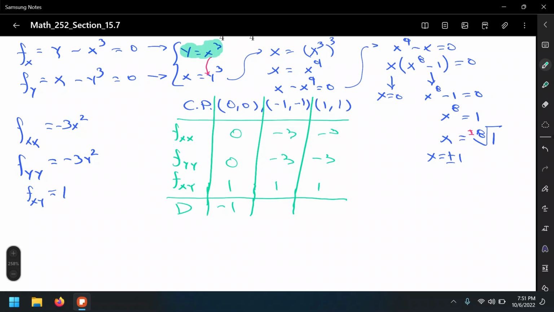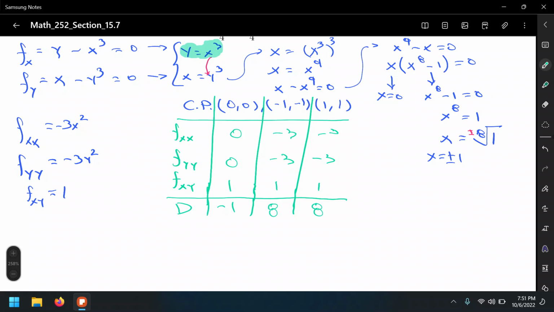And -3 squared, that's +9, plus -3 squared, that's also a +9. So that's 9 plus 9, which is 18. Oh, wait a minute. No. What am I doing? No, I'm supposed to multiply, not to square them again. So -3 times -3 is +9, minus 1 is 8.